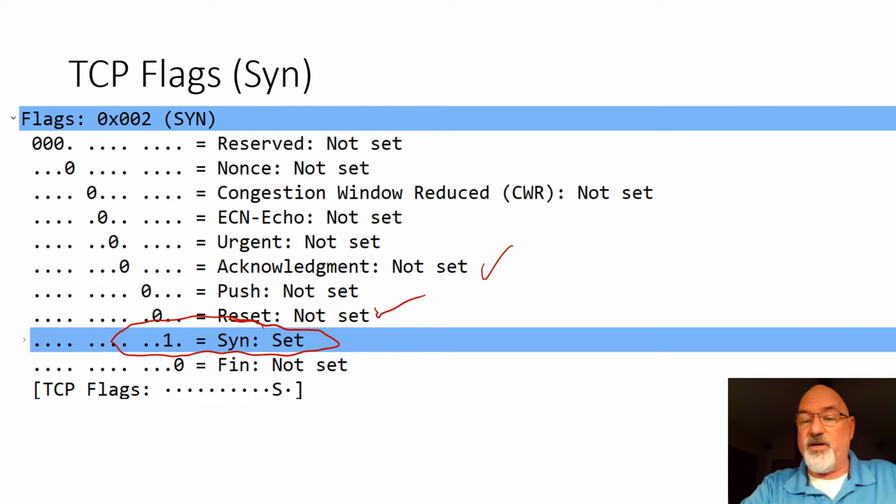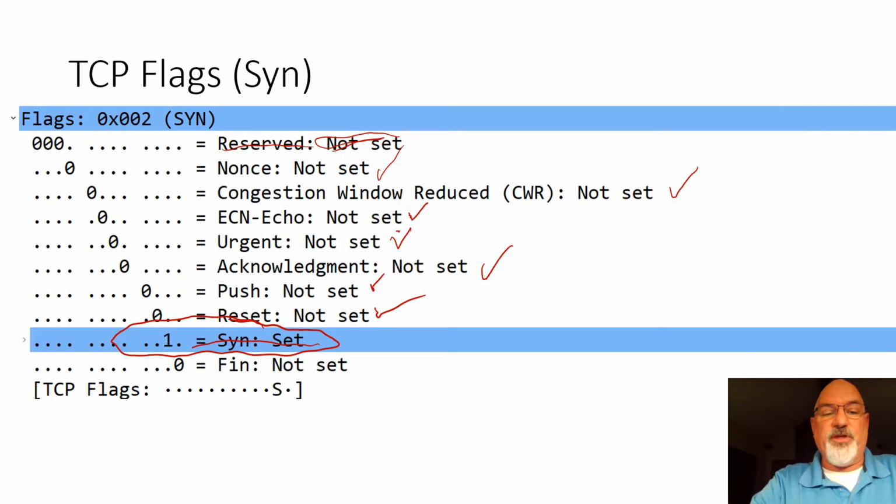So what do you think is going to be set on the next one, on the Syn ACK? We have an urgent, it's not used very often anymore. ECN, congestion notification, congestion windows reduced, a nonce, and then we have this reserve that is not used. We have a push that's set, which I don't see used very much anymore. And if you do, let me know.